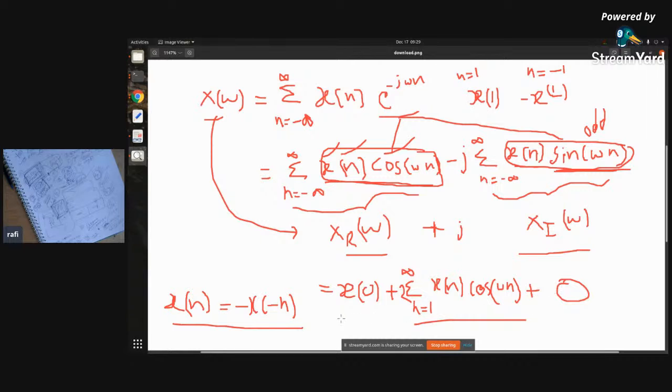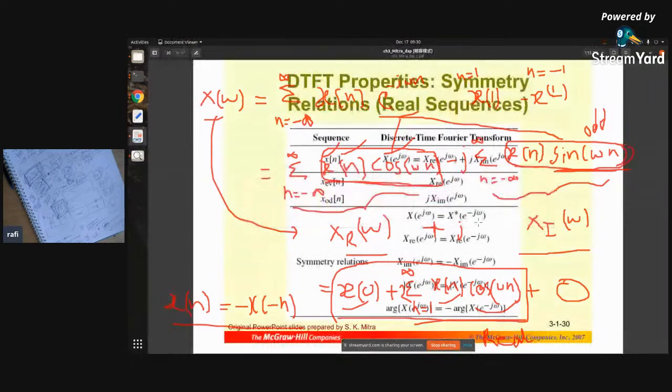So what are we left with? x of 0 is real, x of n is real, cos is real, so everything is real, so it is a real function of omega. So the result is a real function of omega. That's what he has given.